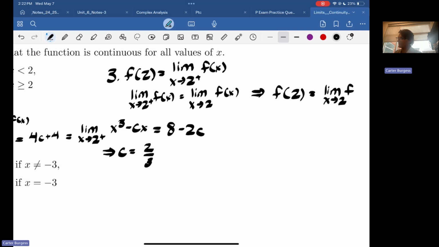Transitive property of equality, if A equals B and B equals C, then A must equal C as well. So that's just extra dotting our i's and crossing our t's. You could probably be done as soon as you have found that c is 2/3, but if you wanted to be extra, extra, extra good, then that is what you would want to do.